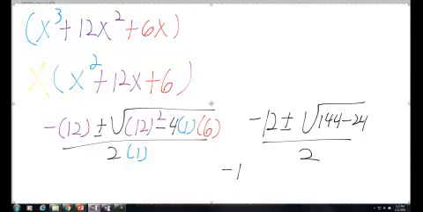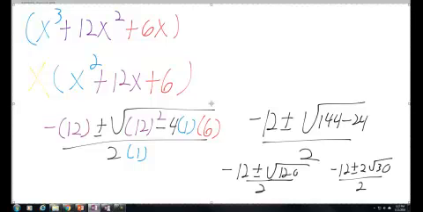We'll have negative 12 plus or minus root 120 over 2. And we will factor out 120, that's 4 times 30. And the square root of 4 is 2. So we'll have negative 12 plus or minus 2 root 30 over 2. We factor out 2 of 12 and 2.